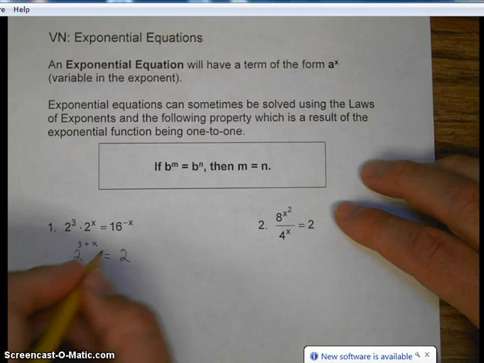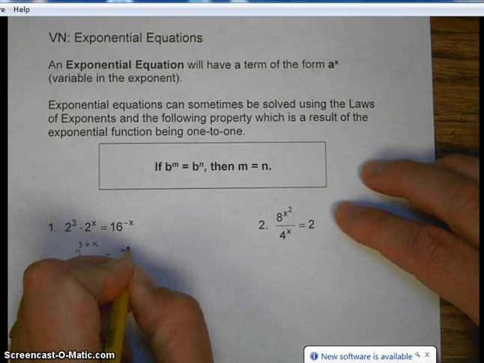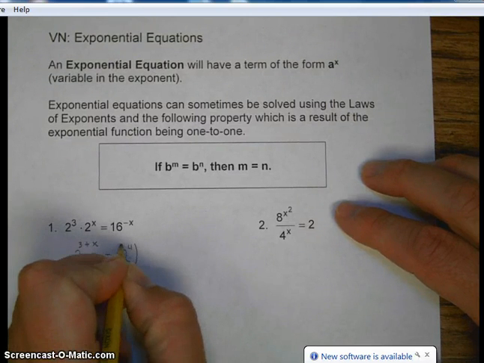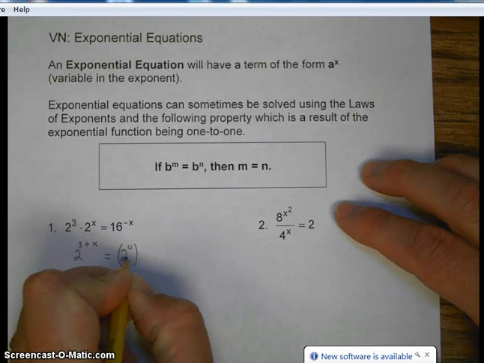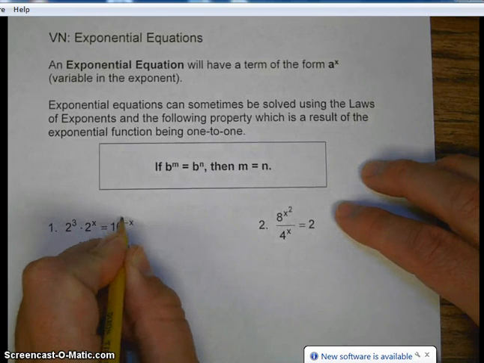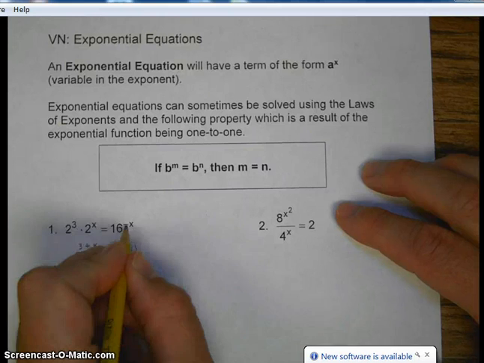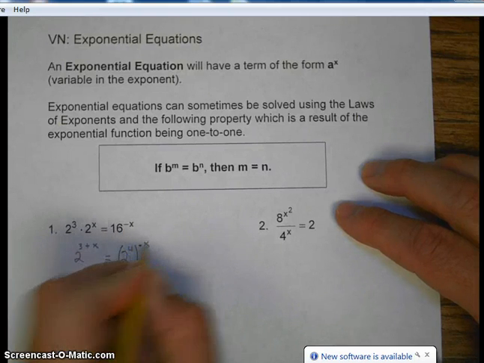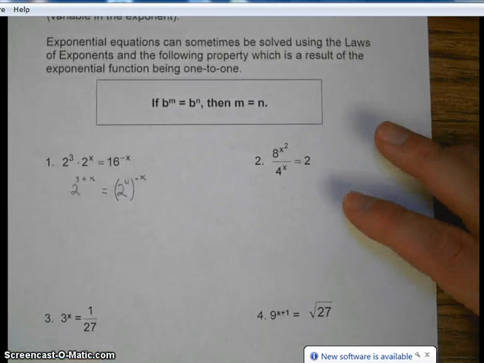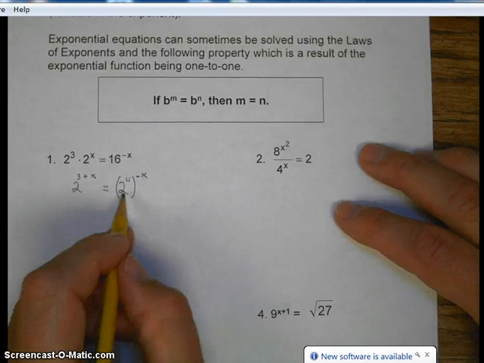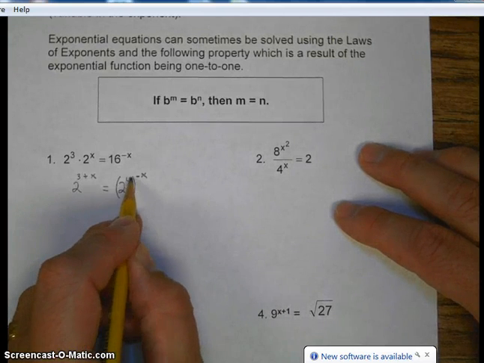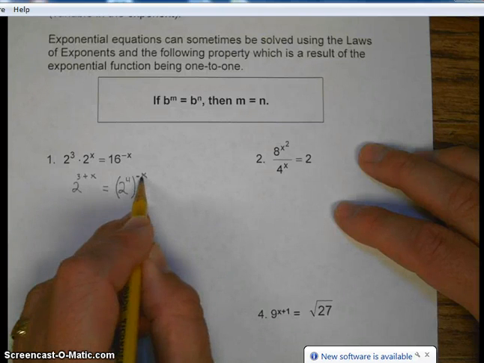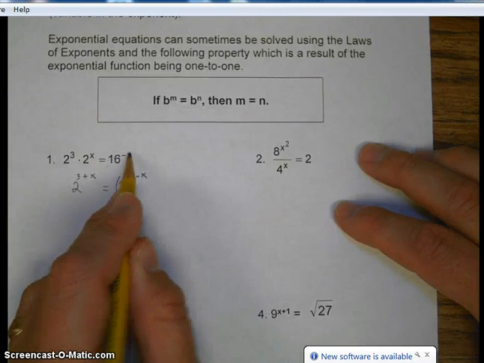So we change this to 2 to the fourth power, which represents 16, and raise that to the negative x power. This is 16 to the negative x power, which is what we have right here.